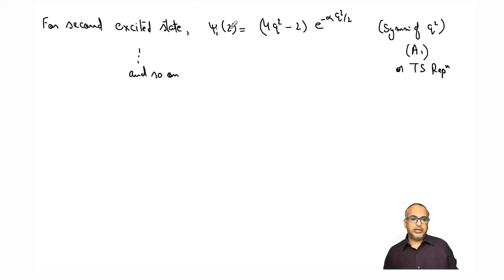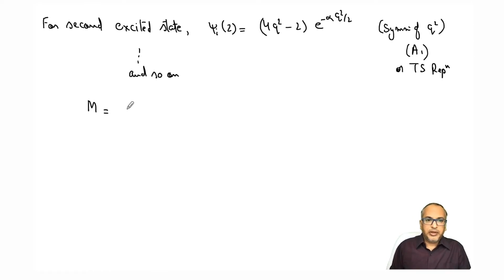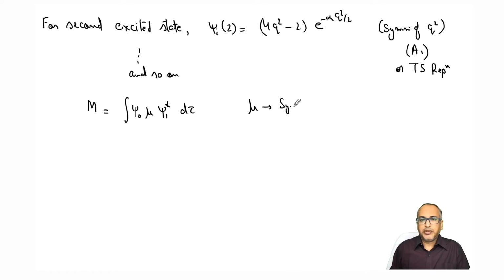Okay, now let us go back and look at the integral. So our integral is of the form psi 0 mu psi 1 star d tau. Now mu has the symmetry of x, y, z, right?